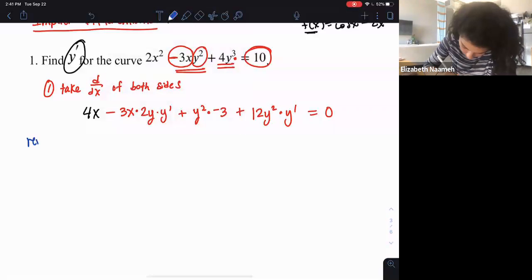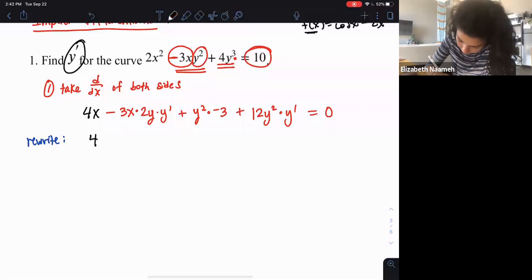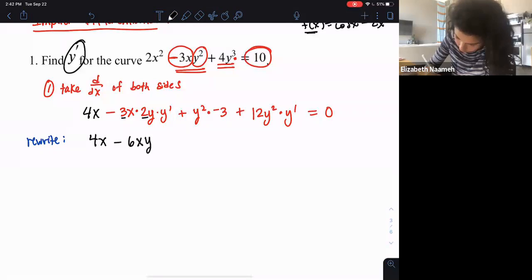Okay, let's rewrite it. I have 4x minus 6x. Go ahead and look down, rewrite it yourself. You'll be much faster if you just look down.